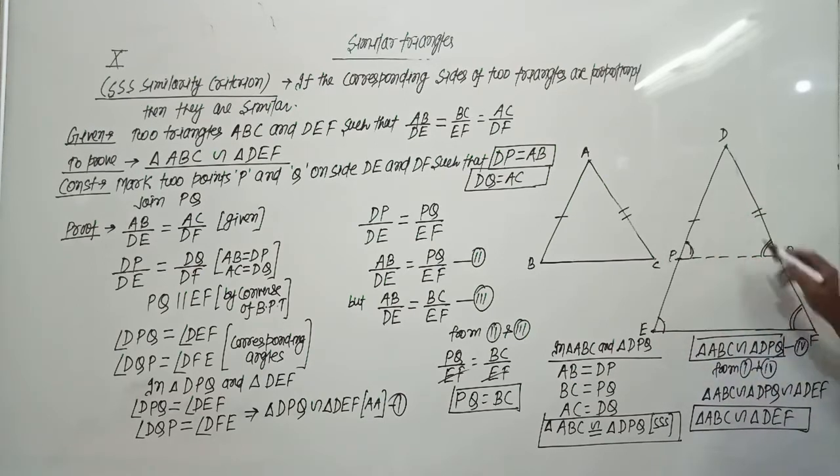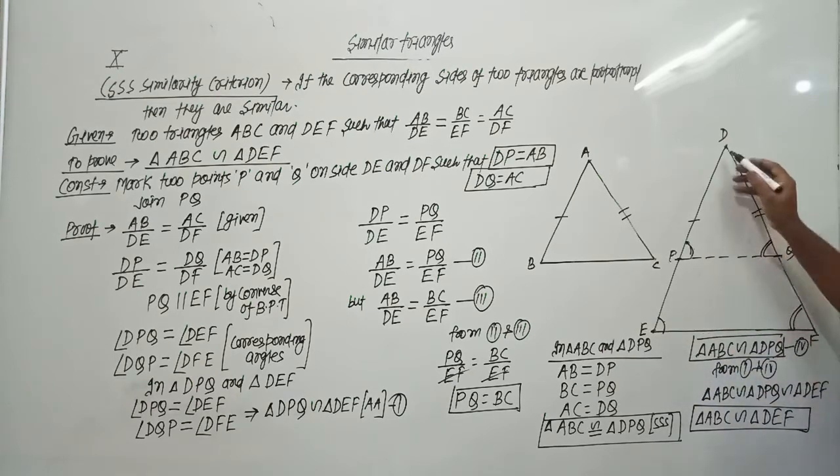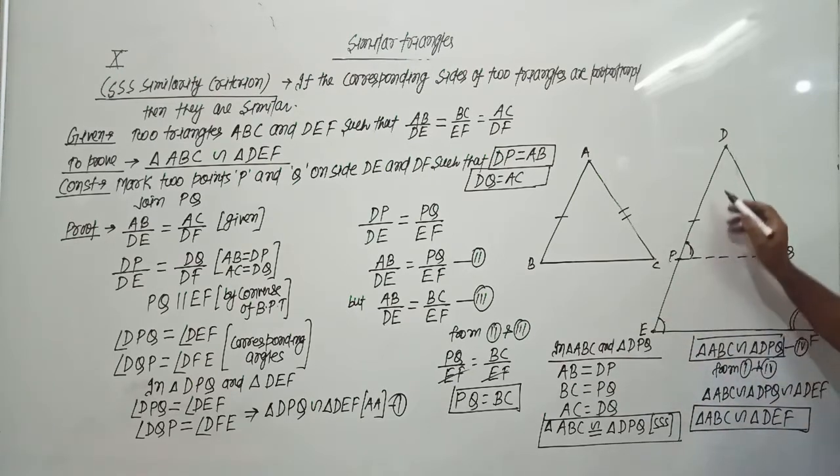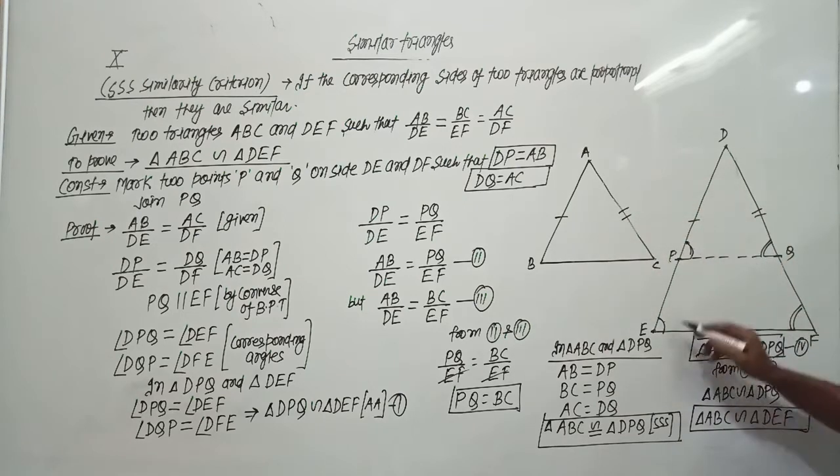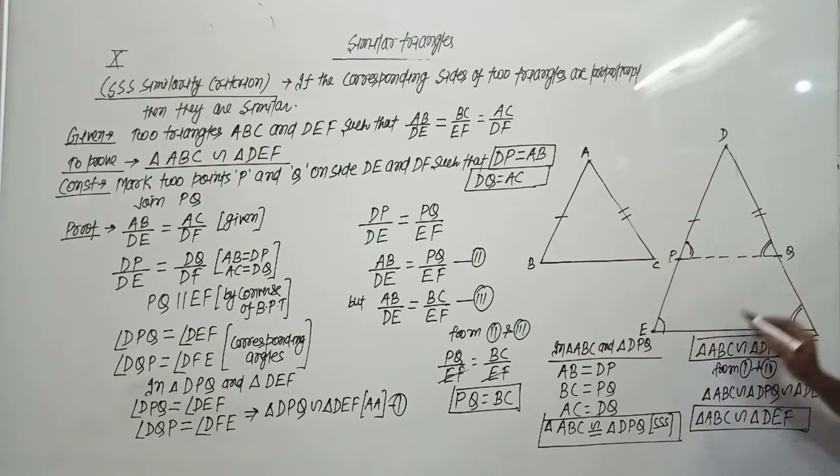So corresponding angles are equal, therefore two angles of both the triangles are equal. Therefore triangle DPQ is similar to triangle DEF. This is first equation. And if these two triangles are similar, then their sides must be in proportion. So DP upon DE equals PQ upon EF, and in place of DP we have written AB. So AB upon DE equals PQ upon EF.